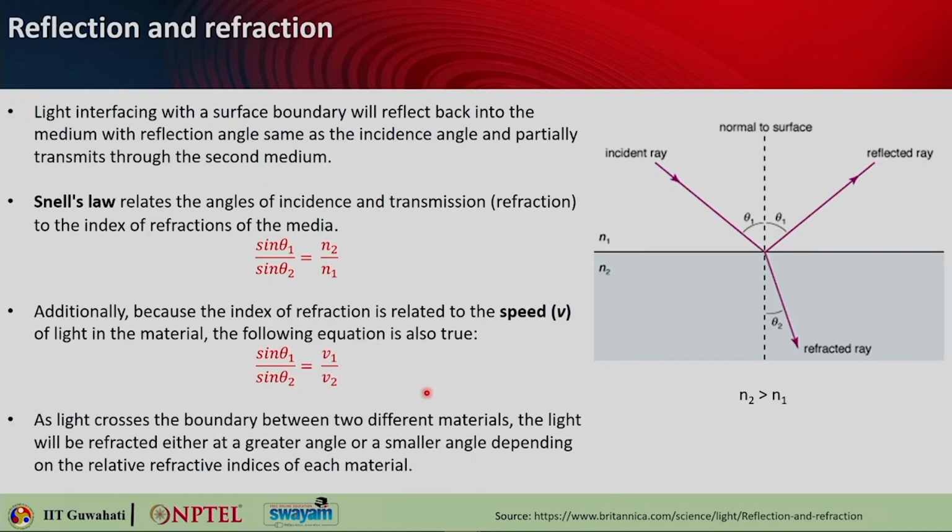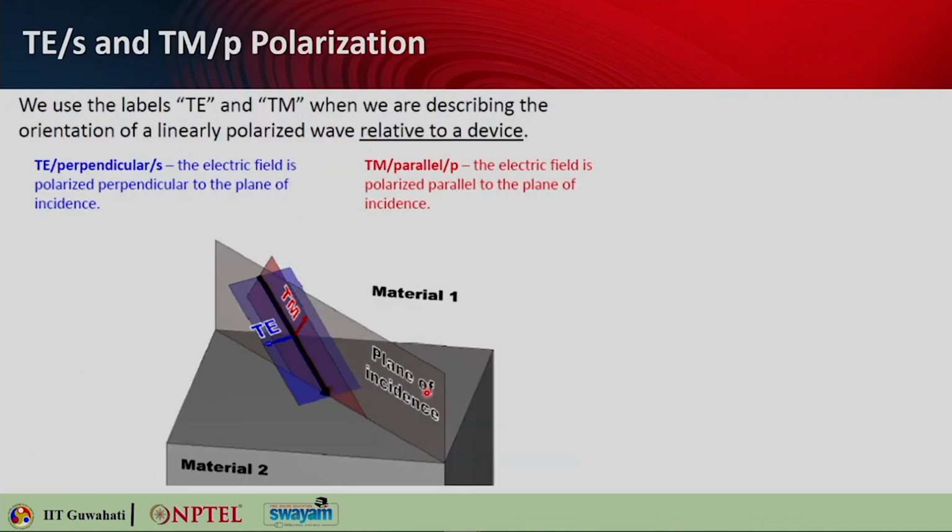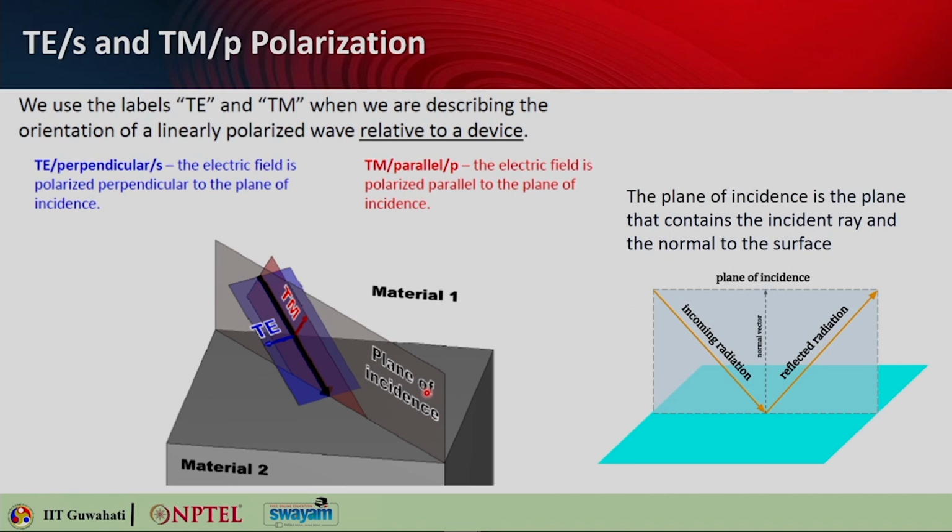Earlier we were not bothered about polarization, but then we understood that with polarization the reflection of light will be different, and that is the contribution of Fresnel. So the Fresnel equations teach us how to calculate the reflection and refraction, or transmission. Refraction can be taken as transmission also, right. So they tell us how to calculate the coefficients of reflection and transmission.